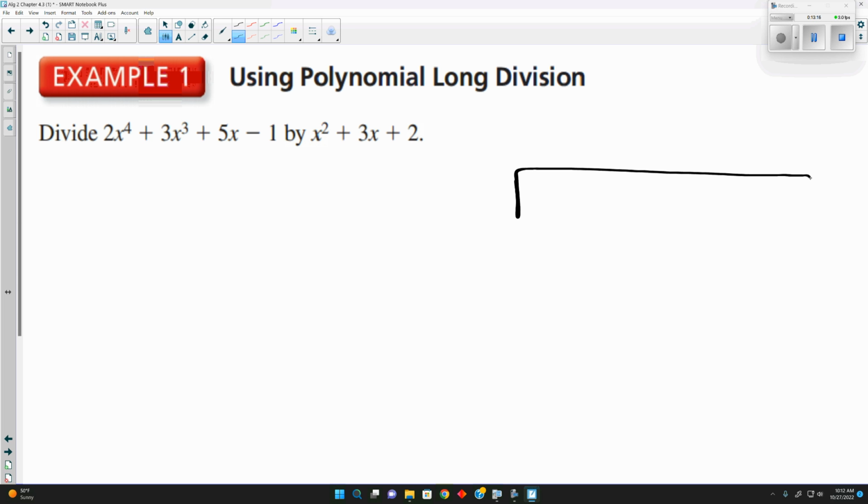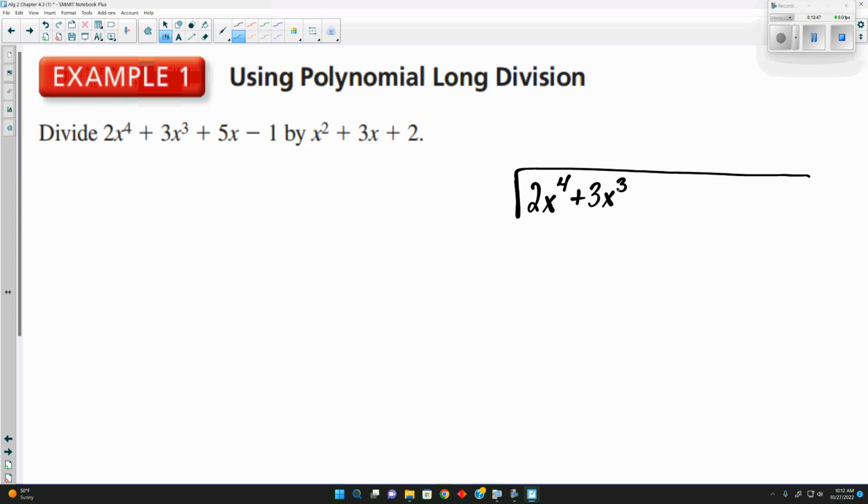So what goes inside is going to be what's first, so our 2x to the 4th plus 3x cubed plus 5x minus 1. So we can fill it in. 2x to the 4th plus 3x cubed, yes? So we have x to the 4th, x to the 3rd. Then we'd have, are we missing a term? Because we have the 4th power, we have the 3rd power. We would need what next? We have x squared, or x to the 2nd power.